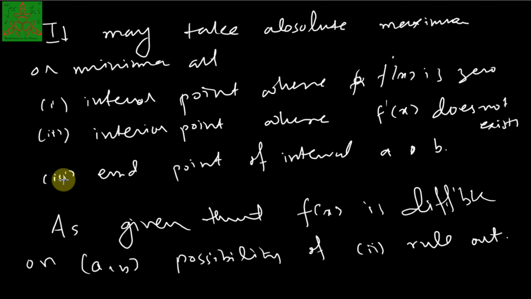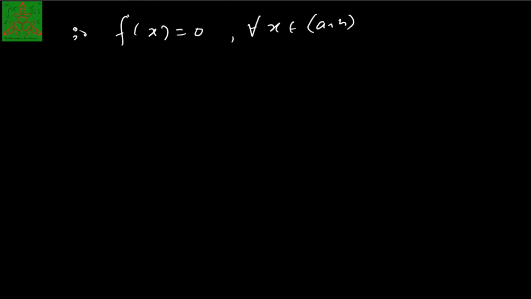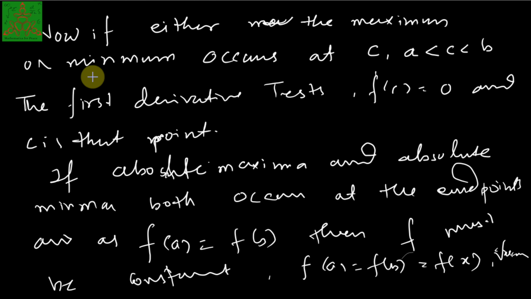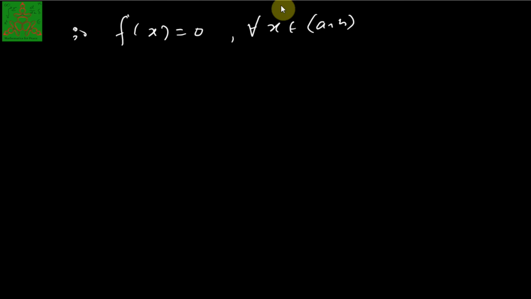So therefore I can say that f dash of x is 0 for every x in AB, and we are through for this. So that means possibility 3 is also ruled out, that we have given the argument here, that if it considers its maximum or minimum at the end point, then it is ruled out. So only possibility 1 we have to work on now.